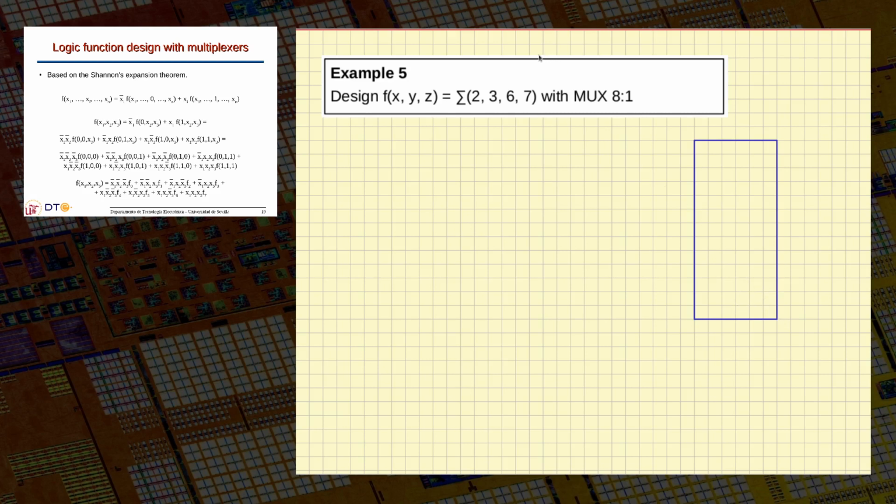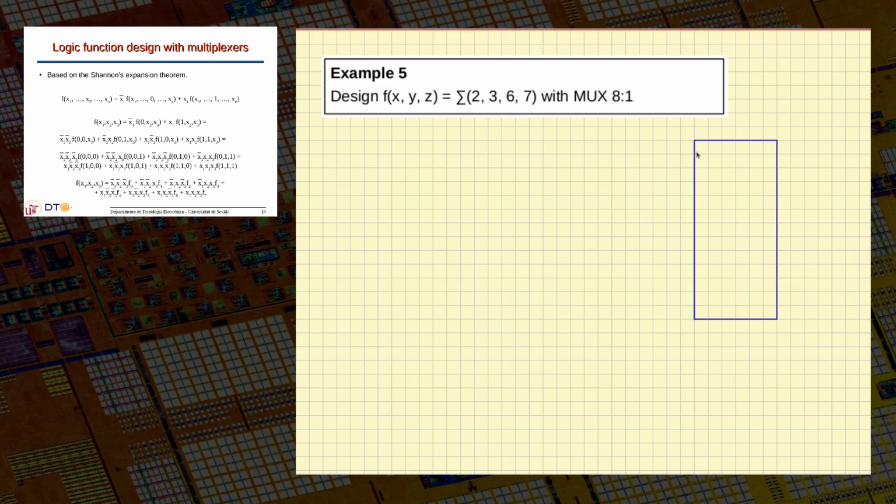Multiplexers can be represented in different ways, actually. Sometimes simply as a square block, as I will do in this example, so that you see that different options are possible when describing circuits. So this is our multiplexer.